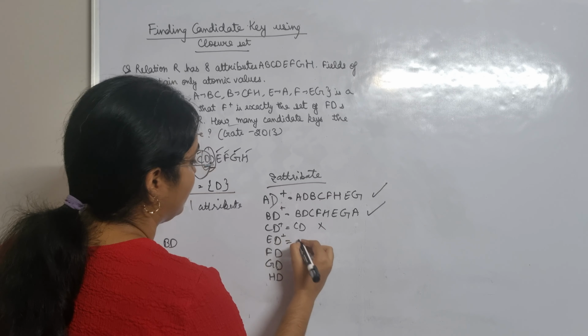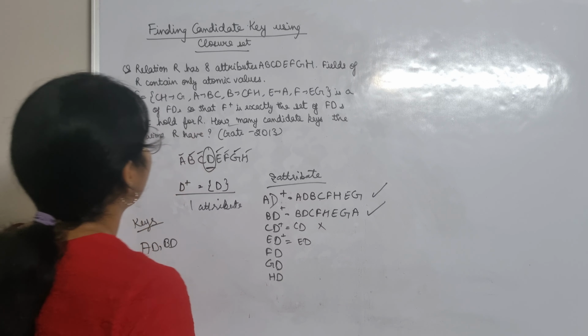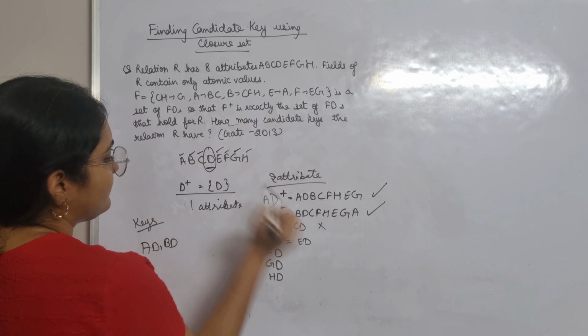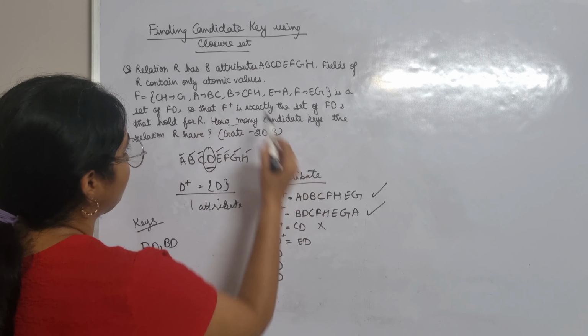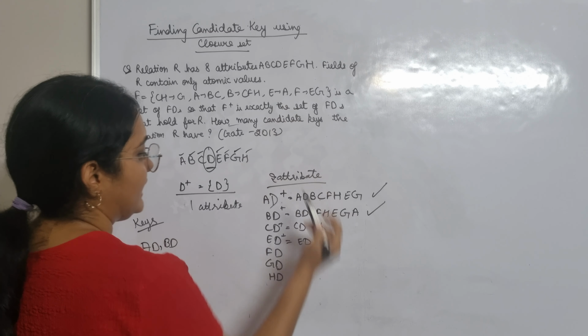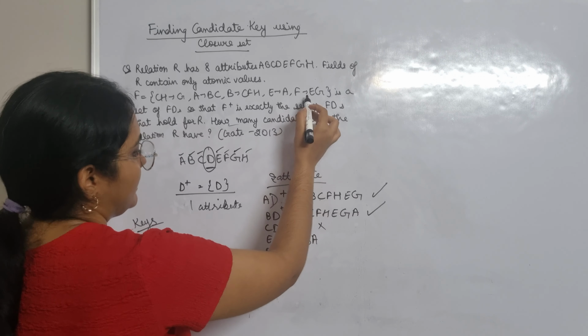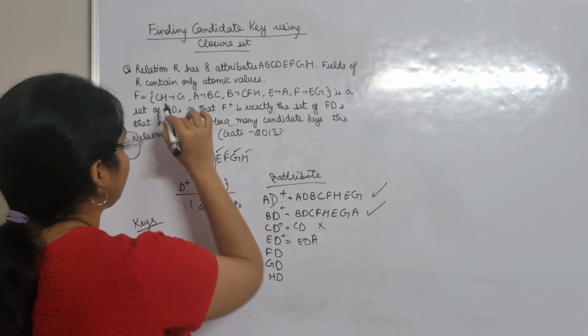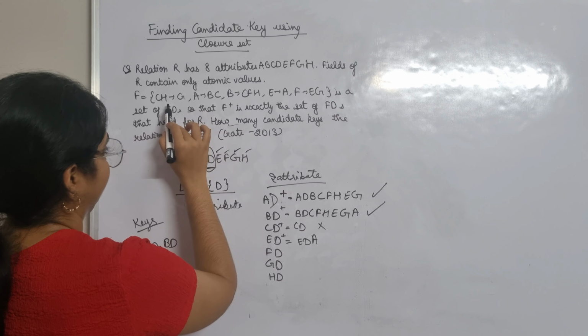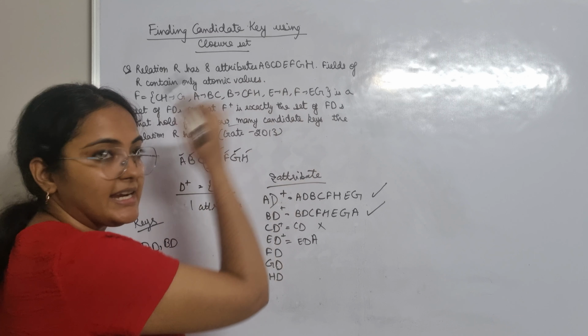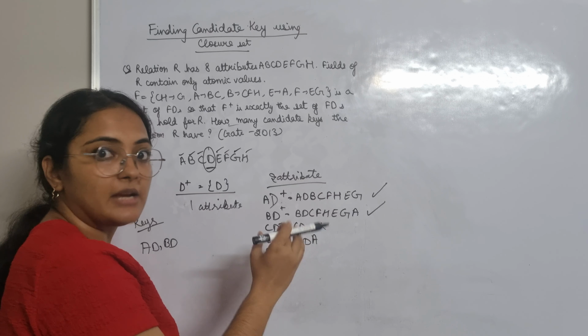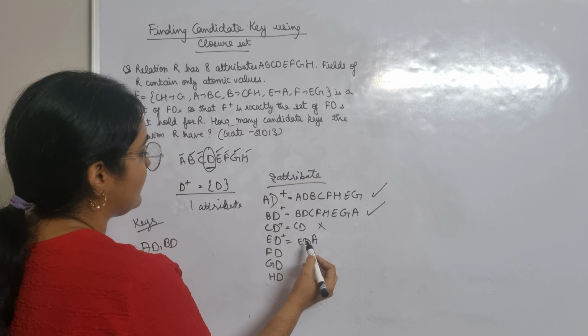Now ED. ED plus. What can we determine? CH we don't have. A we don't have. B we don't have. E we have. E determines A. F determines EG. F we don't have. Now CH determines G. We have to keep going again and again until no more attributes can be determined. CH determines G. CH we don't have.